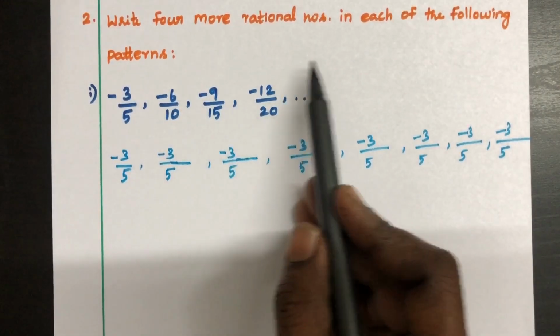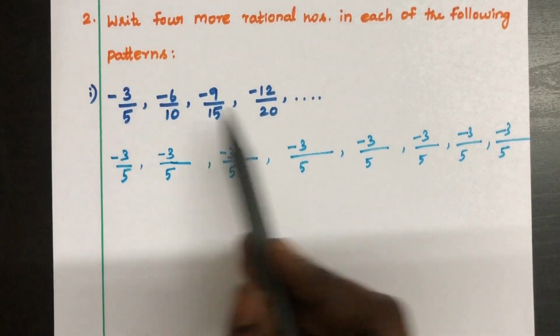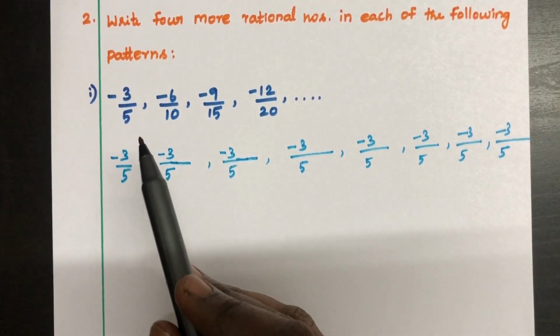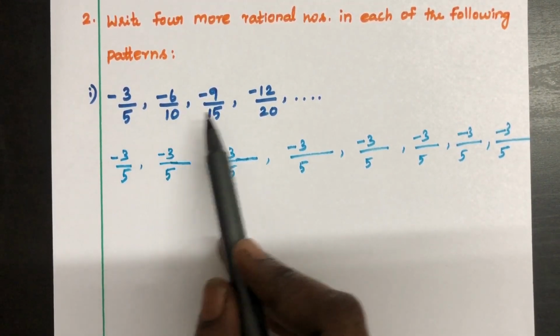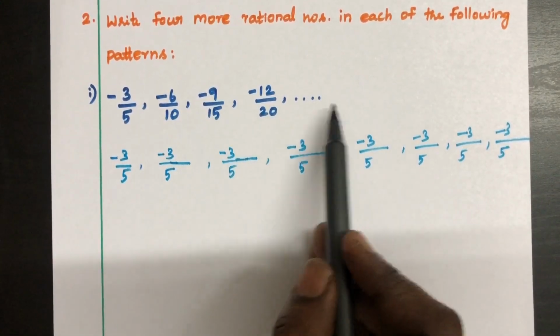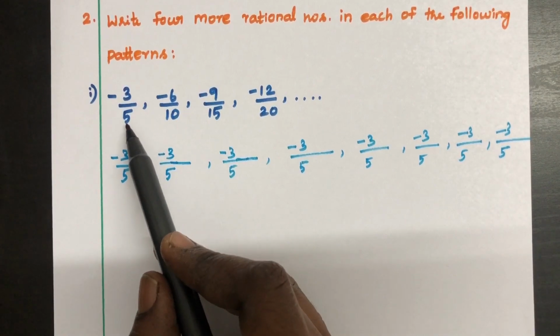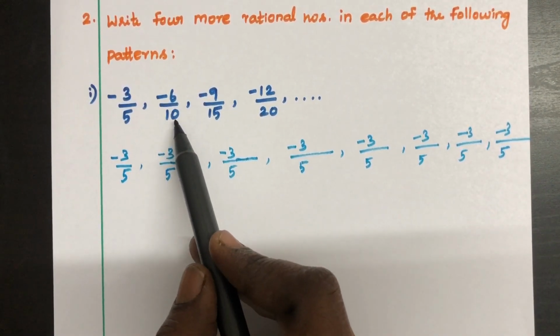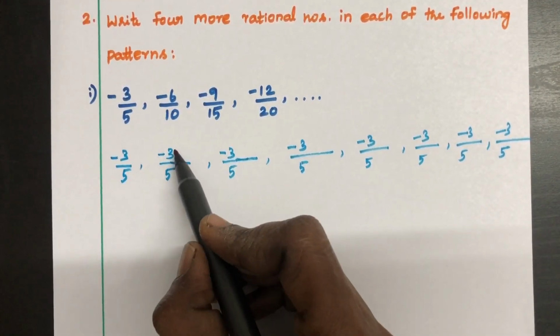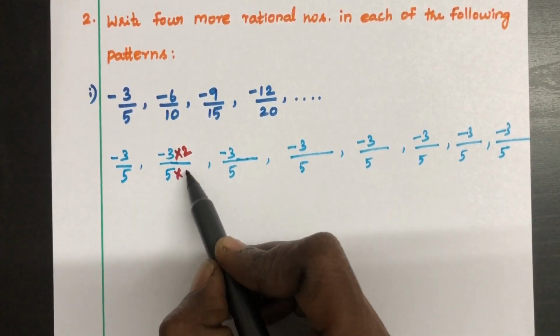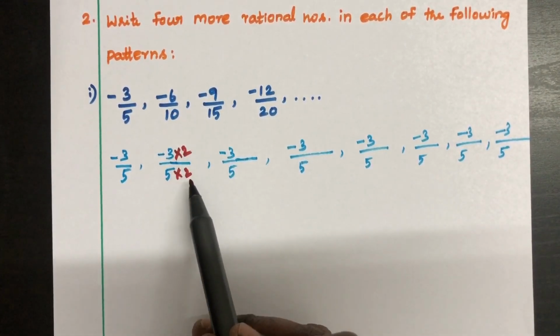Write 4 more rational numbers in each of the following patterns. Pattern means it should follow some unique operation in between every rational number. So what is the pattern here? This is minus 3 by 5. See here minus 6 by 10. So they multiplied it by 2.